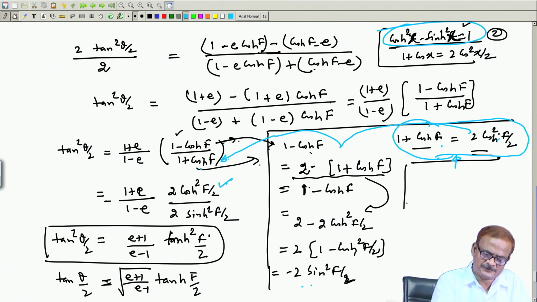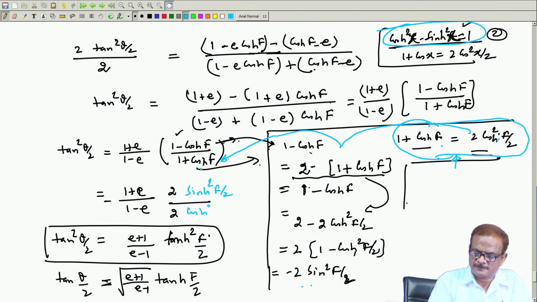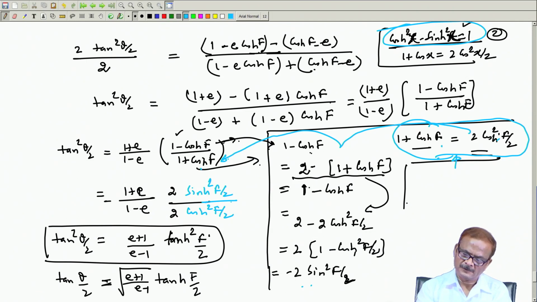We have written the opposite way, here we correct. Cos hyperbolic square f by 2, and this part goes here in this place with a minus sign.